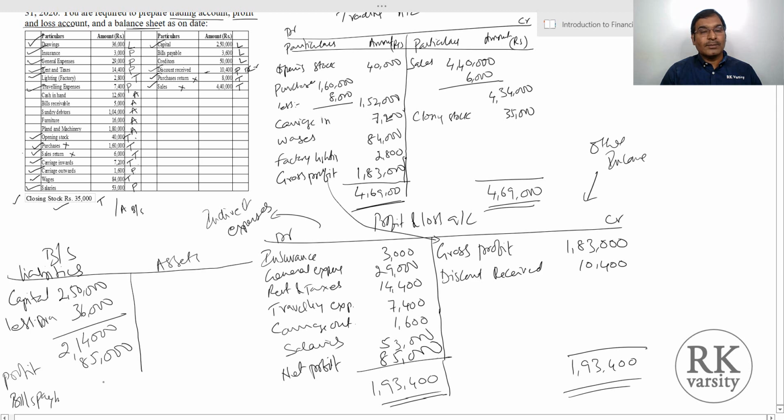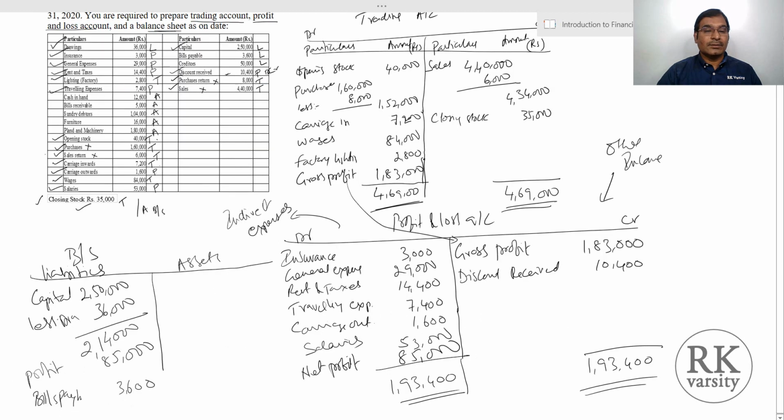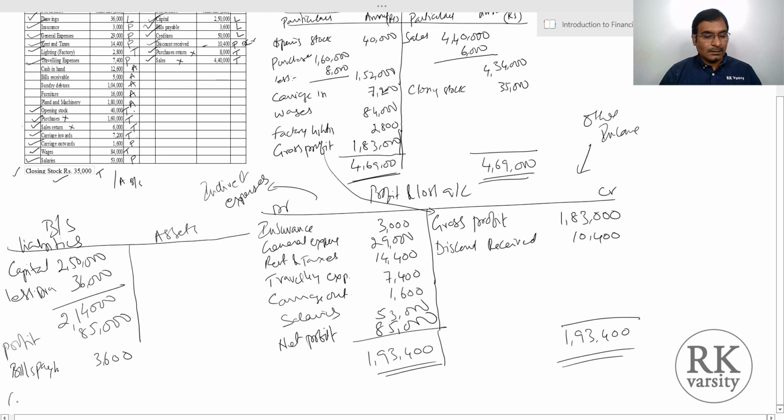How much is the bills payable? 3,600. So we'll make entry for bills payable. And creditors is 50,000. Pardon me for writing in a crooked way.